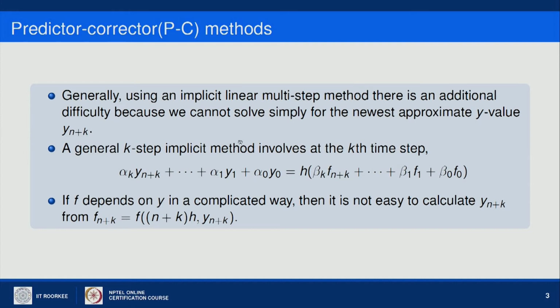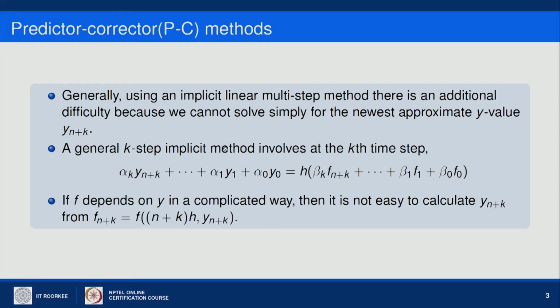So a general k-step implicit method at the kth time step is given by this equation: alpha k y n plus k plus and so on, alpha 1 y1 plus alpha 0 y0, equals h times beta k f n plus k plus beta 1 f1 plus beta 0 f0.